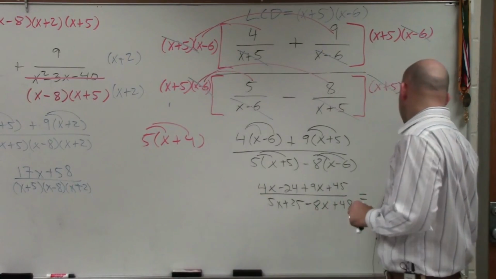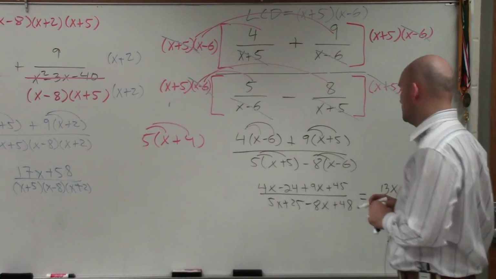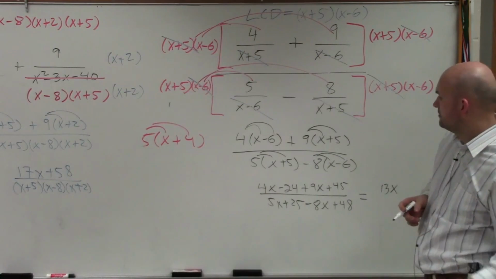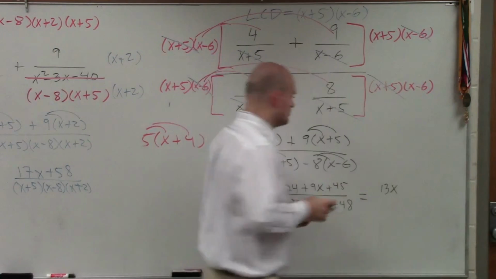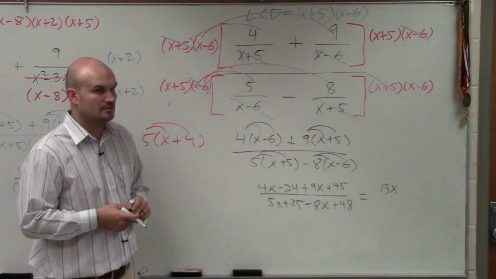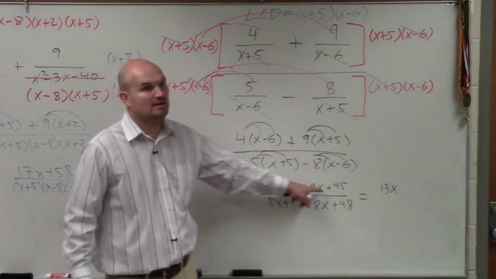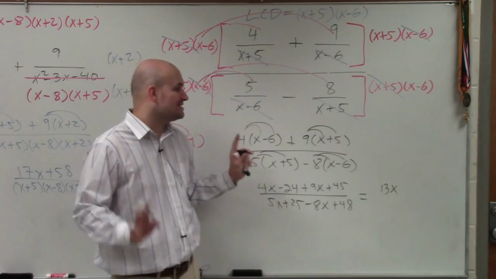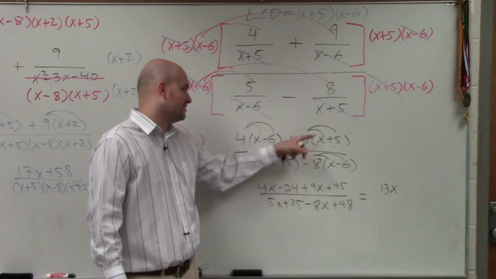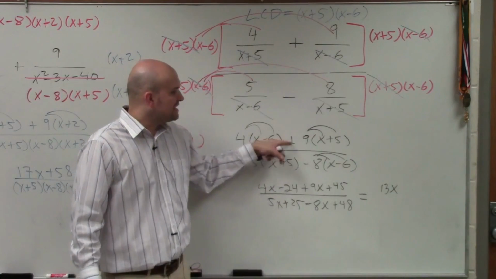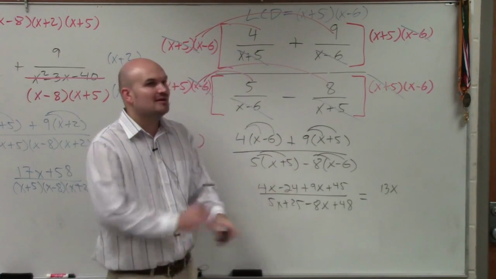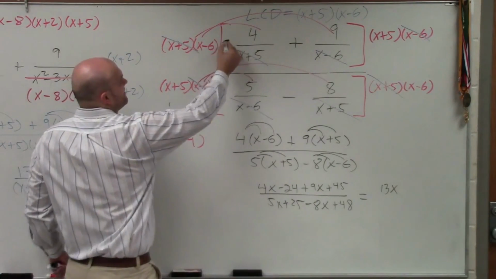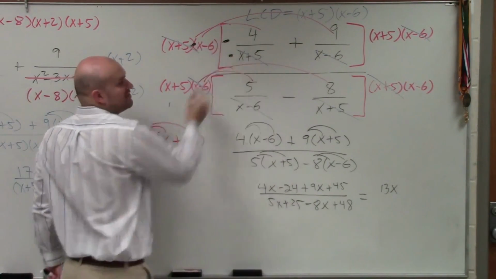Final answer is 13x. Let's see, that's going to be... whoa, cross what out over here? We can't cross the x plus 5s out because look at what these terms are, they're separated by addition and subtraction. Remember, the division property only works when everything is separated by multiplication and division, like here.